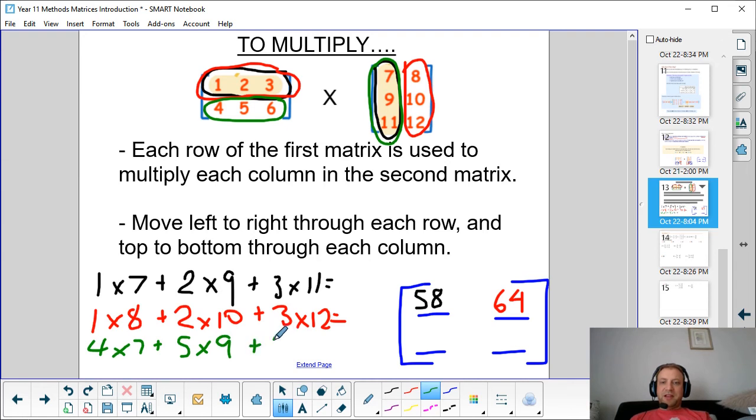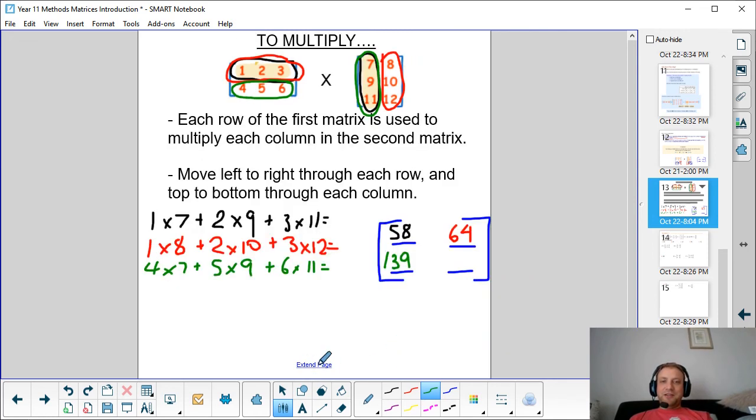And we've got 6 by 11. I think that's 139. I'm not sure. It'll do. Remember, because I used the bottom row and the first column, I put my answer in the bottom row and in the first column.